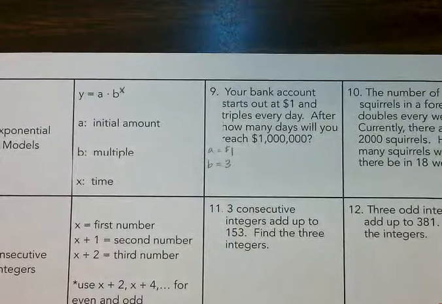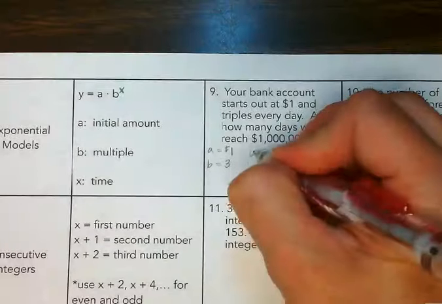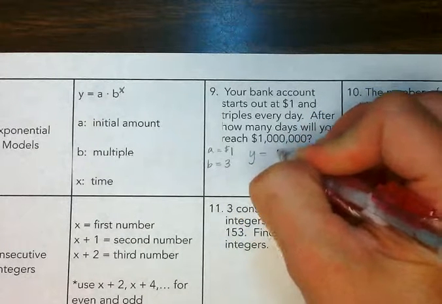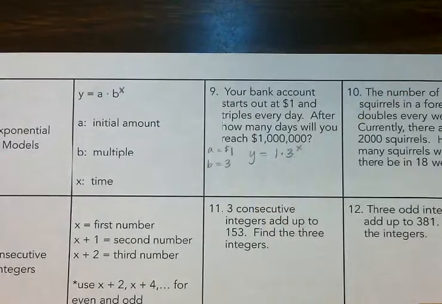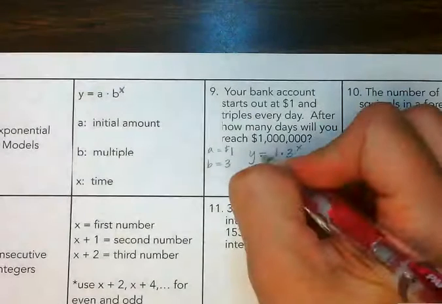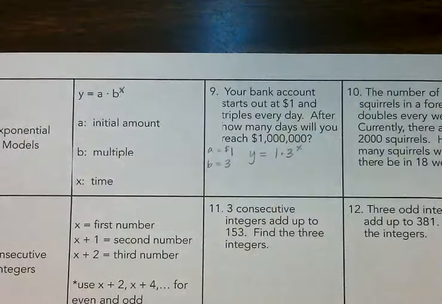So the equation would be y equals 1 times 3 to the x. And that 1 is not that important anymore because multiplying by 1 isn't going to affect our answer. So we could say that the equation is just 3 to the x.